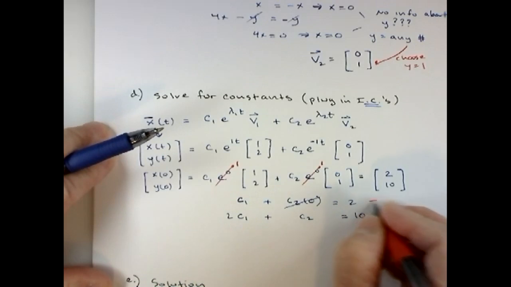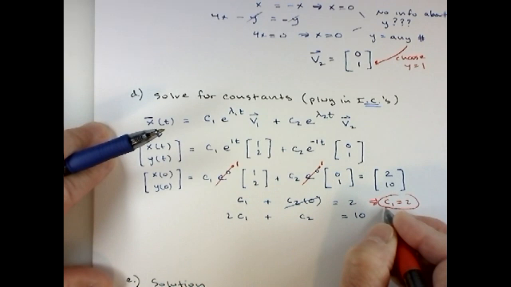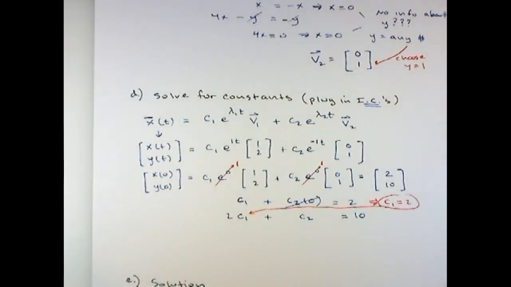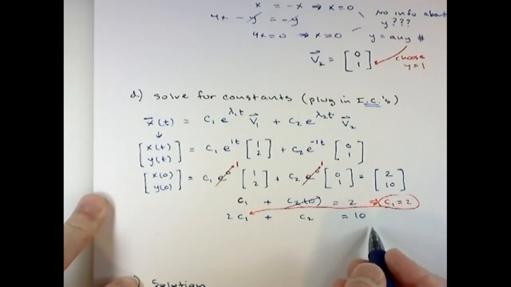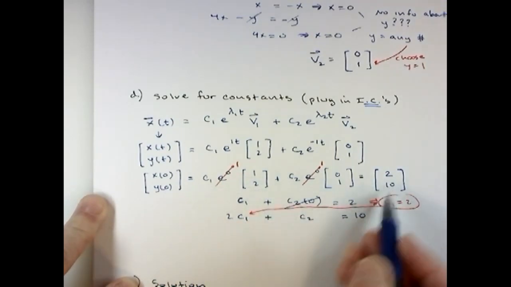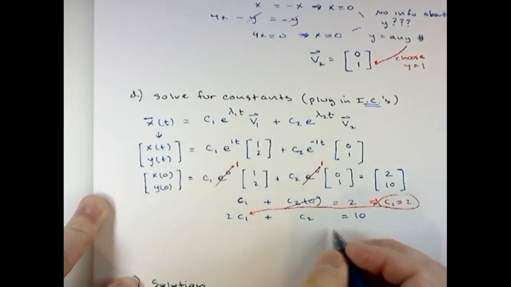So I already know C1 is equal to 2, so I think the strategy I'll take here is just plug that in here. And that would be 4, making sure I got my numbers right. C1, 2. Okay. So then C2 is going to be 6, huh?